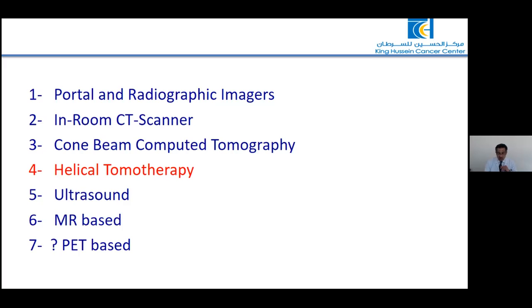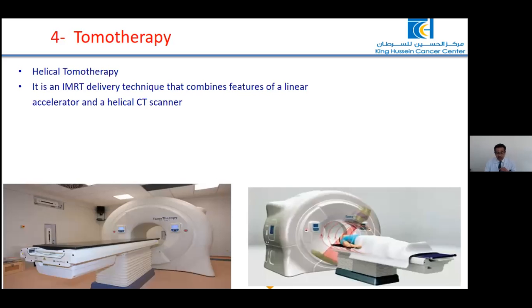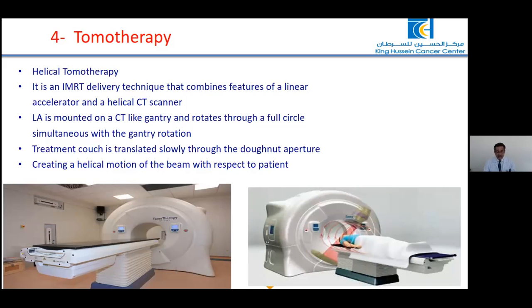Now, coming to the helical tomotherapy, this is also one of the machines used, an IMRT delivery technique that combines features of a linear accelerator and the helical CT scan. Here, the linear accelerator is mounted on a CT-like gantry and rotates through a full circle.